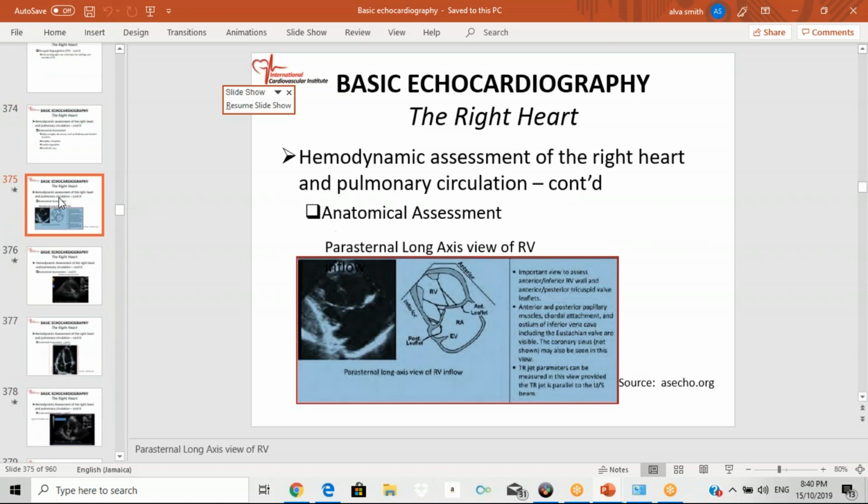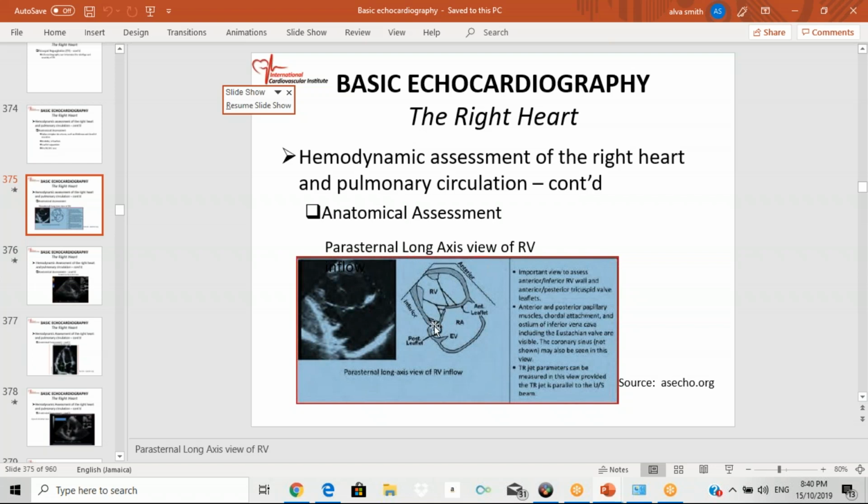So, all right. Again, you have to know your RV inflow view. This is one of the better views to assess tricuspid regurgitation. Again, with your RV inflow view, the RV is on top.